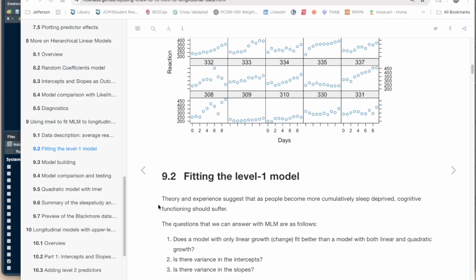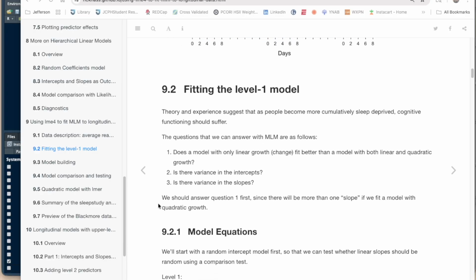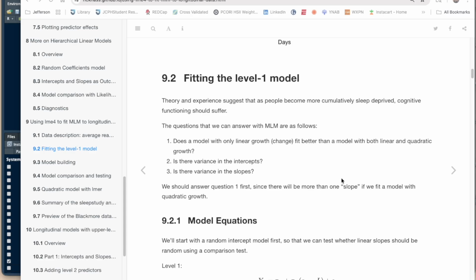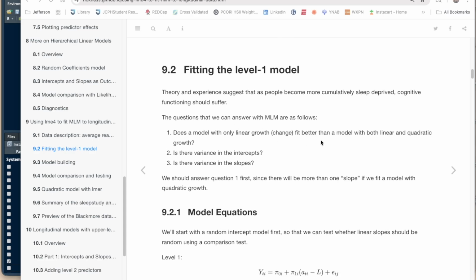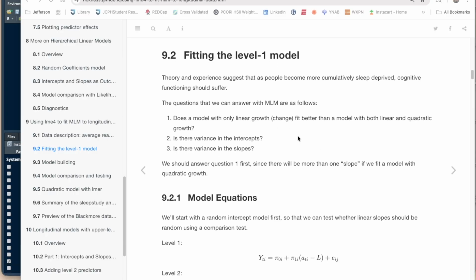So first step, nothing really changes, except for now we are at a different level. Basically, again, we can answer these questions about whether it's linear growth, could we add a quadratic term, and then is there variation in slopes and intercepts, right?